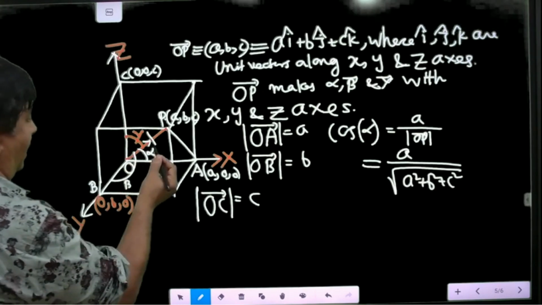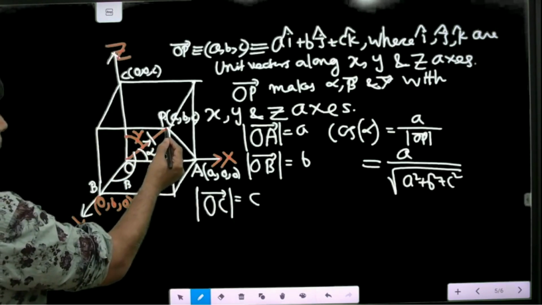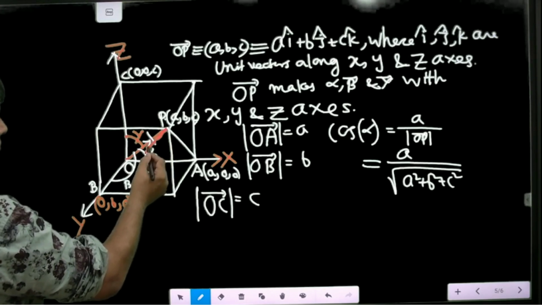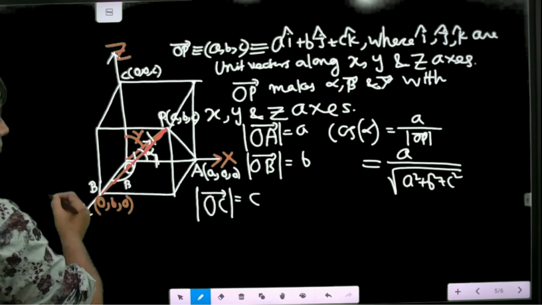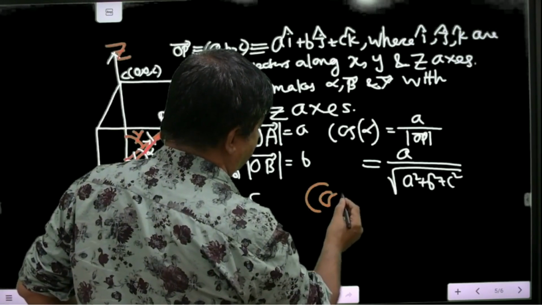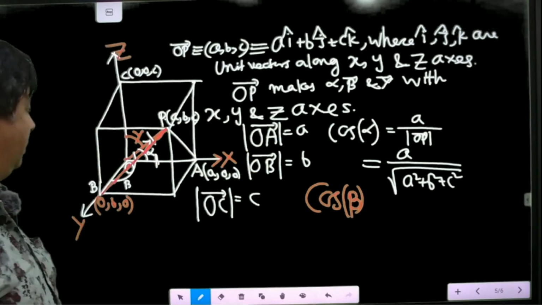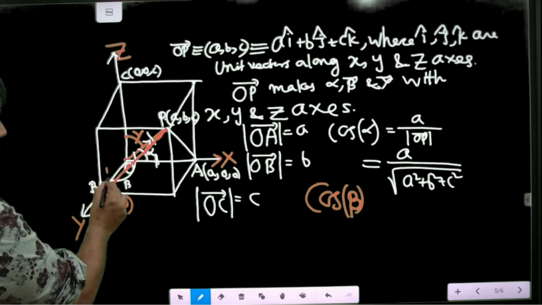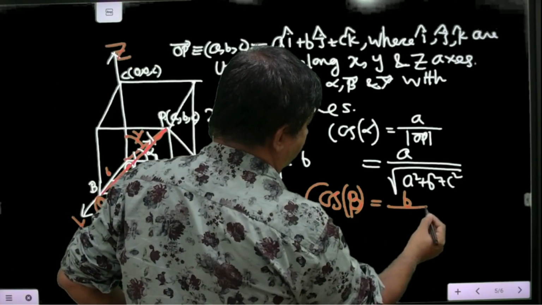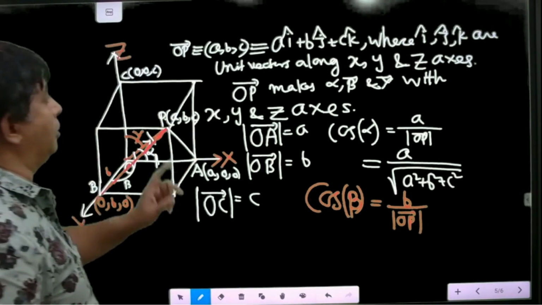Now cos beta. Cos beta, in this triangle. What is base? B. Magnitude OP.